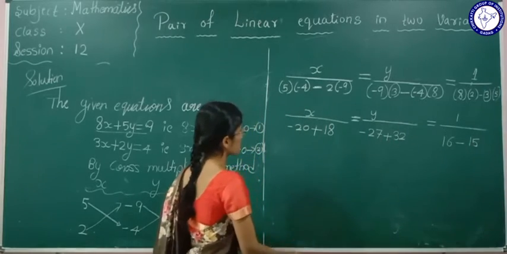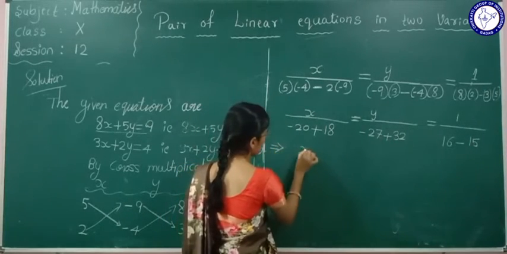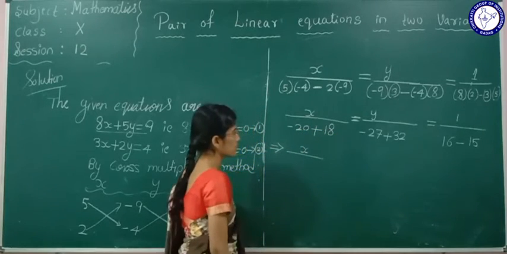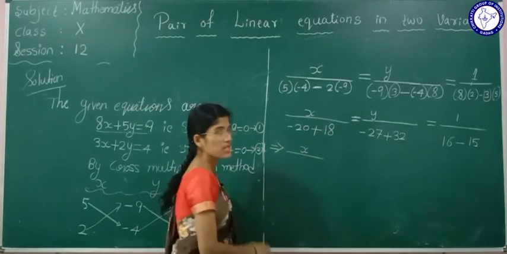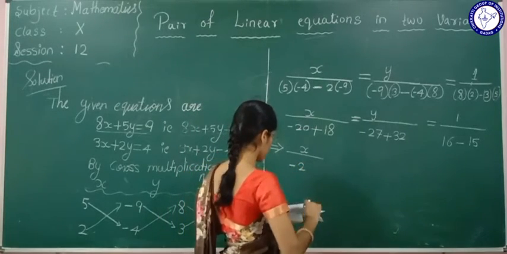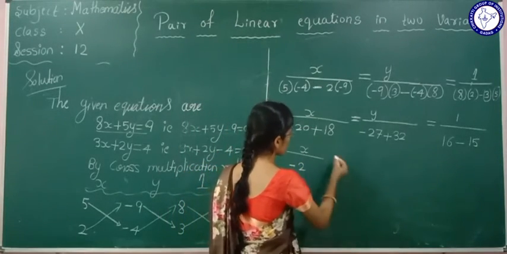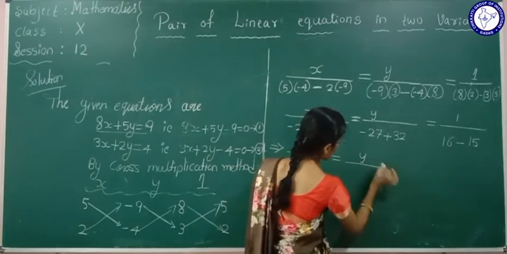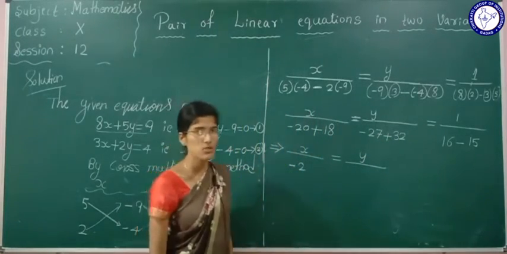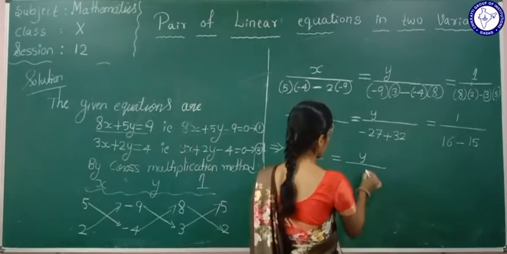Now this implies x, what is minus 20 plus 18? Minus 2. Now y, what is minus 27 plus 32? It is 5.